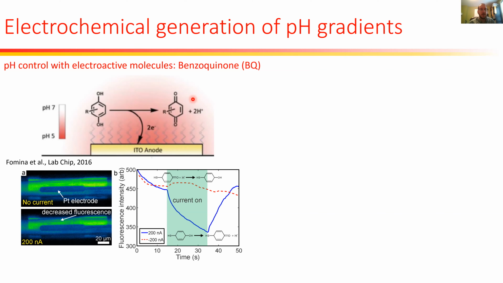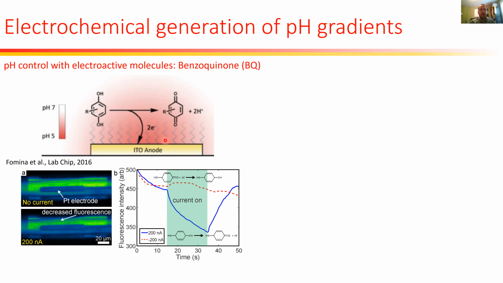So that's what we've been working with. And it's just a very simple small molecule, right? It has these two alcohol groups on it attached to a benzene ring. This makes it quite easy to remove the proton or add the proton using an electrochemical potential. This happens within the electrochemical window of water.